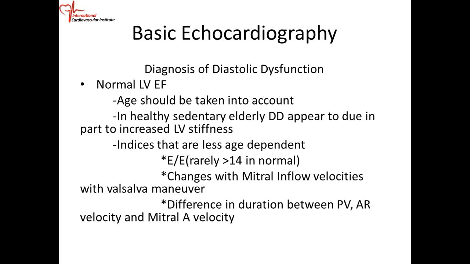But it's basically, if you strain or bear down, that is the Valsalva maneuver. And the Valsalva maneuver has 4 phases, but basically the basic thing you need to understand is that when you do the Valsalva maneuver, you're reducing the amount of blood going to the heart. You'll decrease venous return to the heart. So when you do the Valsalva maneuver, the changes that you're going to get are less age dependent.